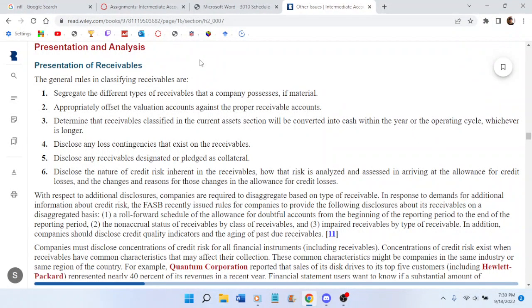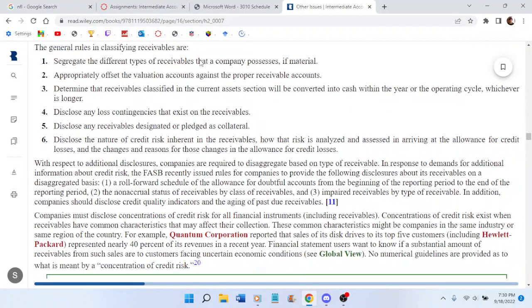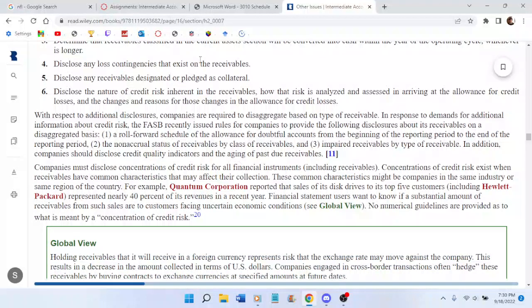Disclose the nature of credit risk inherent in the receivables, how that risk is analyzed and assessed in arriving at the allowance for credit losses, and the reasons for changes in the allowance for credit losses with respect to additional disaggregation. Yep, that's a word. That means something.